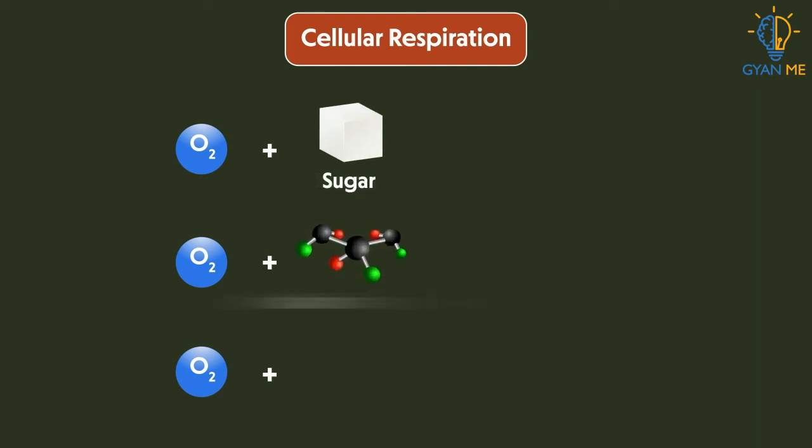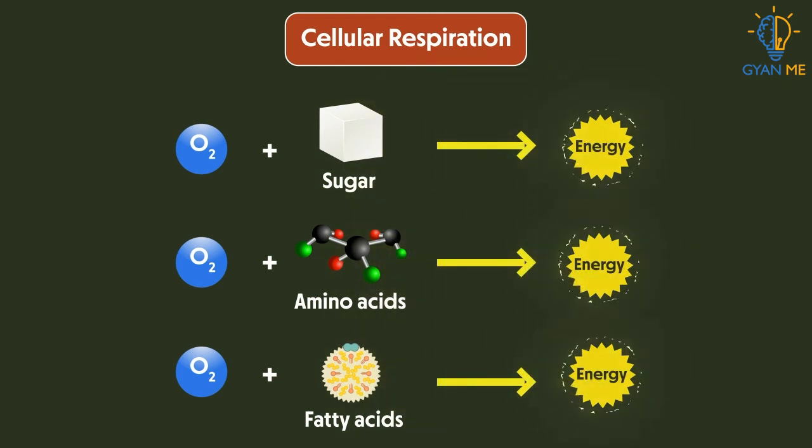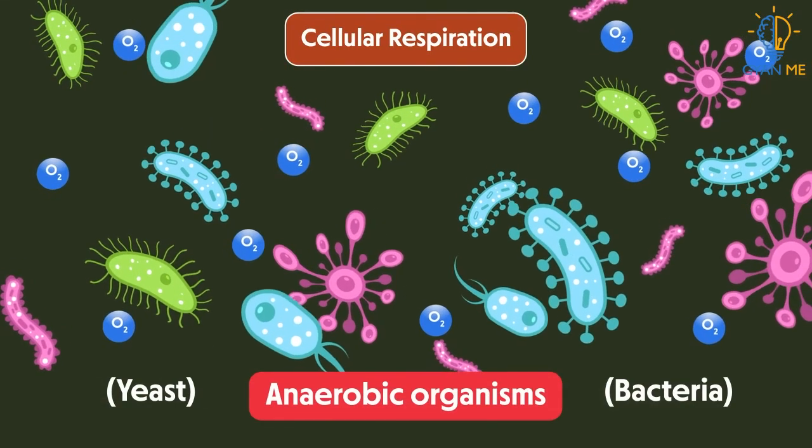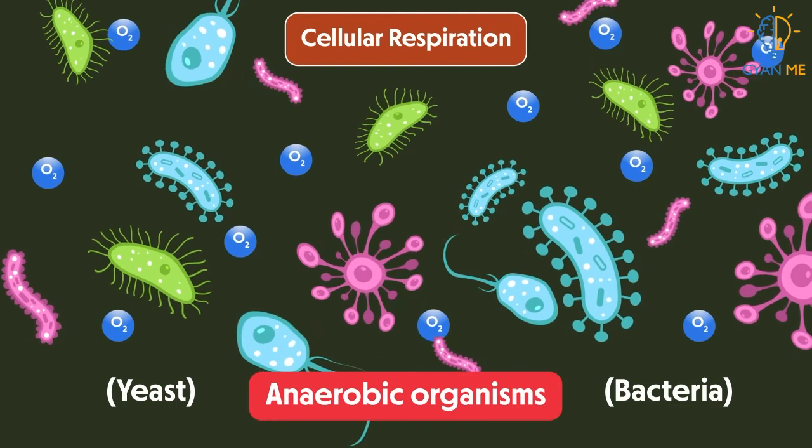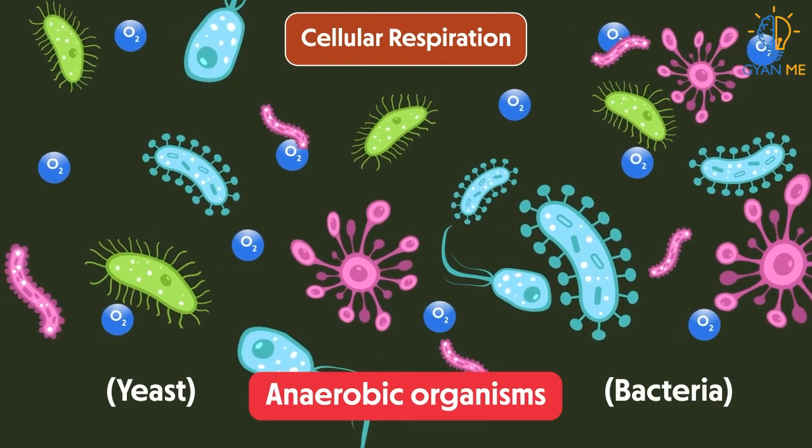That is, during cellular respiration, in the presence of oxygen, molecules like sugar, amino acids, or fatty acids are converted into energy. But some organisms do not use oxygen at all for generating energy.